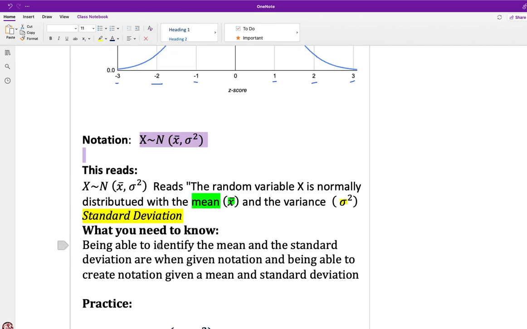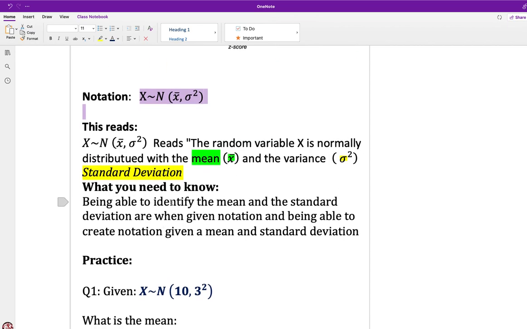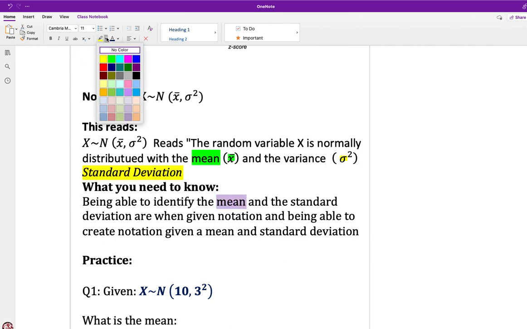Now, what do we need to know from this? You need to be able to identify the mean. If you see something written in notation, you need to be able to identify the mean and the standard deviation. Later we'll also be able to create notation given the mean and standard deviation.